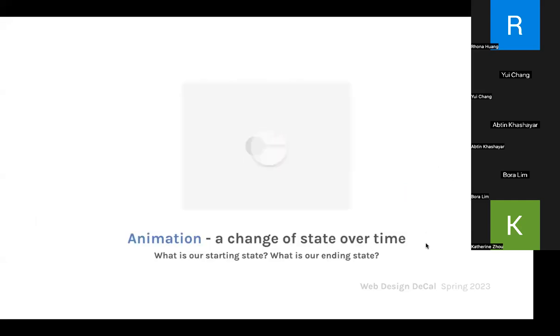So to define an animation, an animation is a change of state over time. A lot of animations in this class will be thinking about a starting state and an ending state. So what is the starting state of the animation, what is the ending state of the animation? Those will be really big things when we go over CSS animations, and keep those in mind so your website animations look really good.